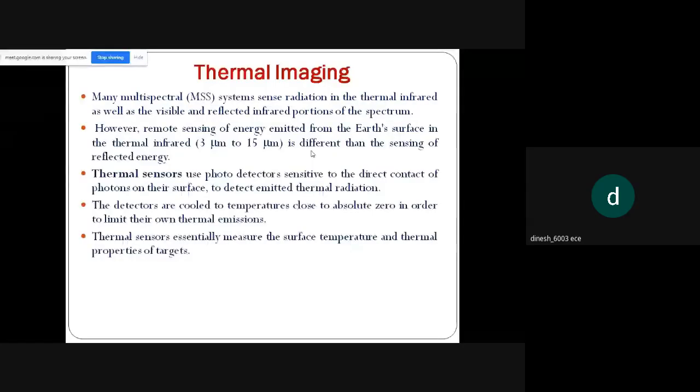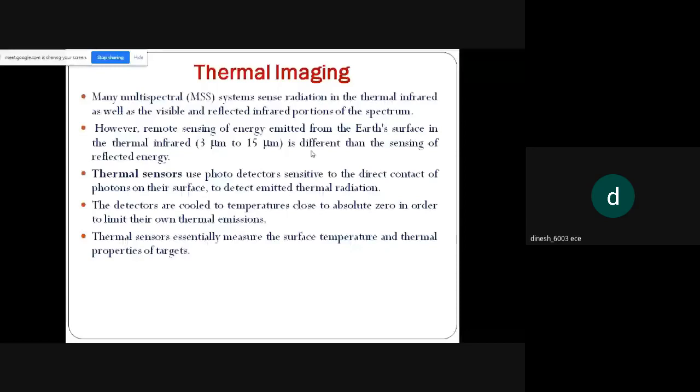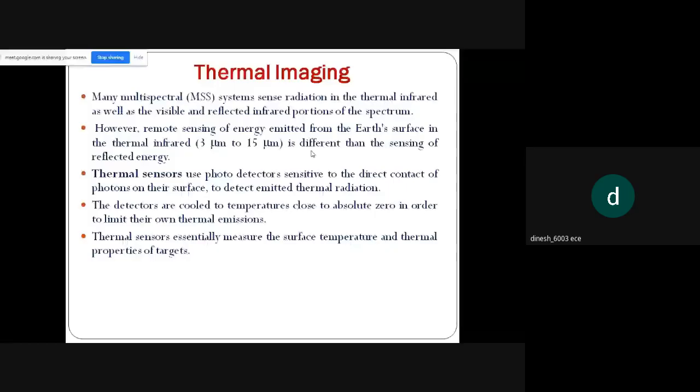However, the remote sensing of energy emitted from the Earth's surface in thermal infrared, which is approximately 3 micrometers to 15 micrometers, is different than the sensing of the reflected energy. So for this, thermal sensors use photodetectors that are sensitive to the direct contact of photons that fall on the surface and detect emitted thermal radiation.